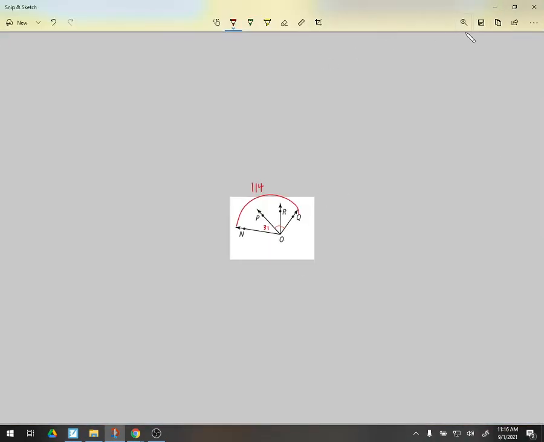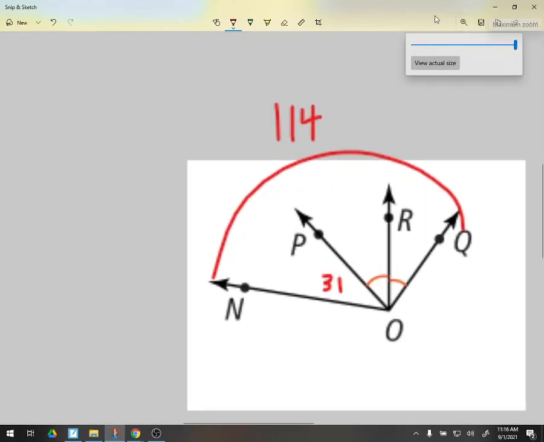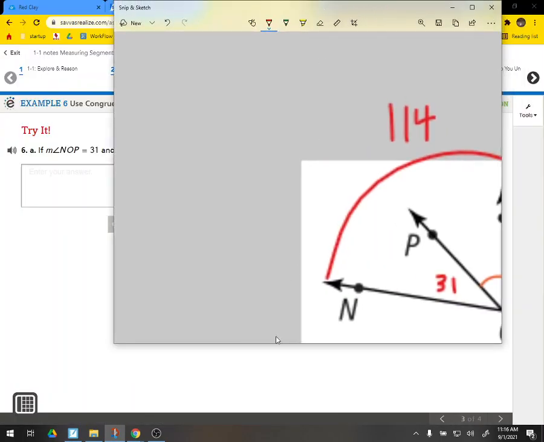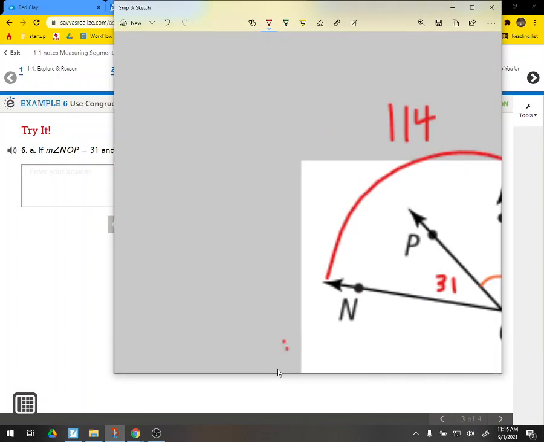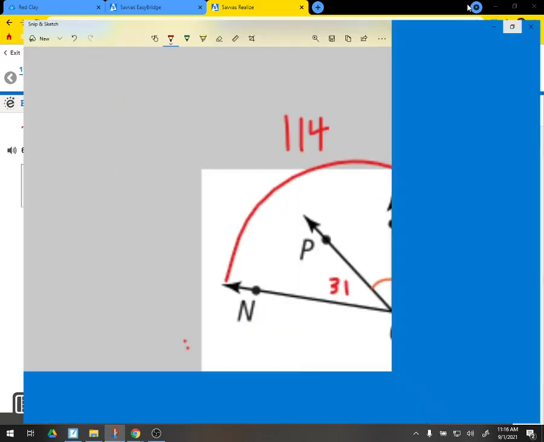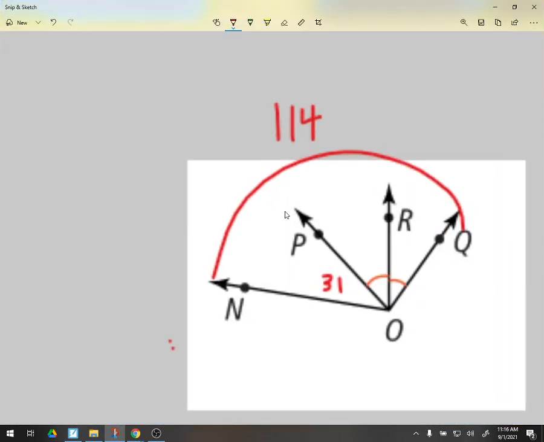So in this one, we see we've got 114 is the whole thing. So we know that 31 plus these two angles. But see those congruent markings? These two are equal to the same thing. So we can call this one x, we can call this one x.